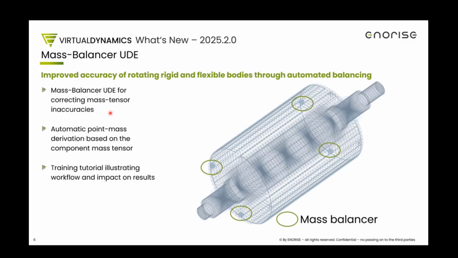So what this feature does is lets you automatically balance all your critical rotating components with a few mouse clicks actually. And here too, I must add that a step-by-step self-guided tutorial to introduce all the users to the workflow, along with many helpful tips of how to prepare the model if you want to do this kind of balancing, has been created.